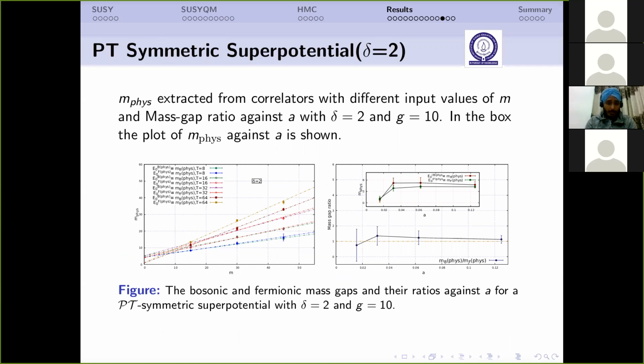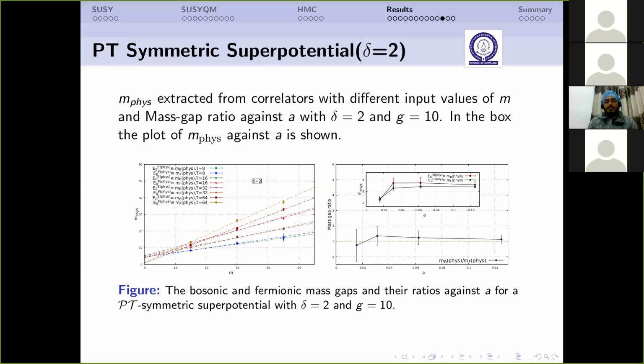Huge error bars, but I'll come back to why there are huge error bars. When we extract the mass gap value from the correlators, those are not the physical values, those are the lattice values. To convert them into physical ones, we multiply with a certain factor, which in this case is the number of lattice spacings.